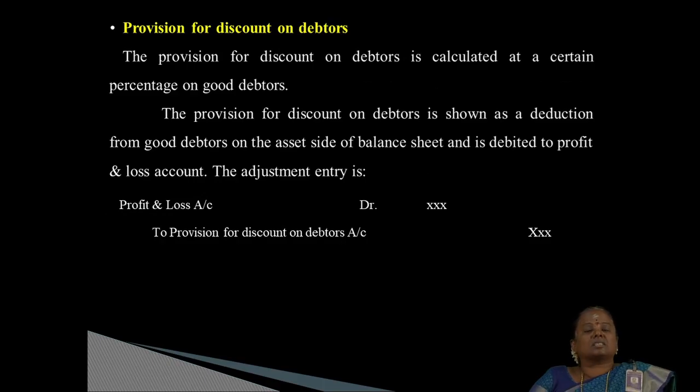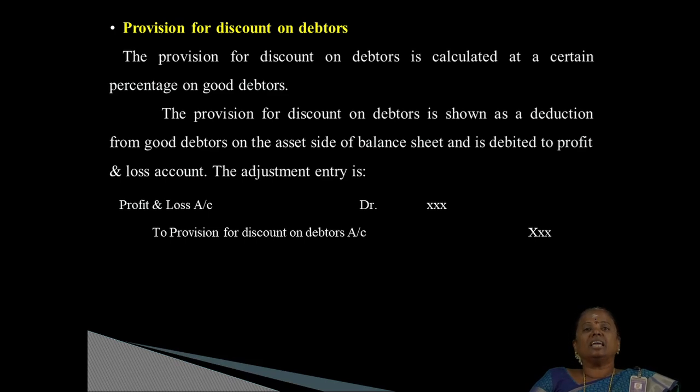The next adjustment item is provision for discount on debtors. While paying the amount, the debtors are allowed a discount by the businessman to make the payment promptly. For that, the provision is made by the businessman.